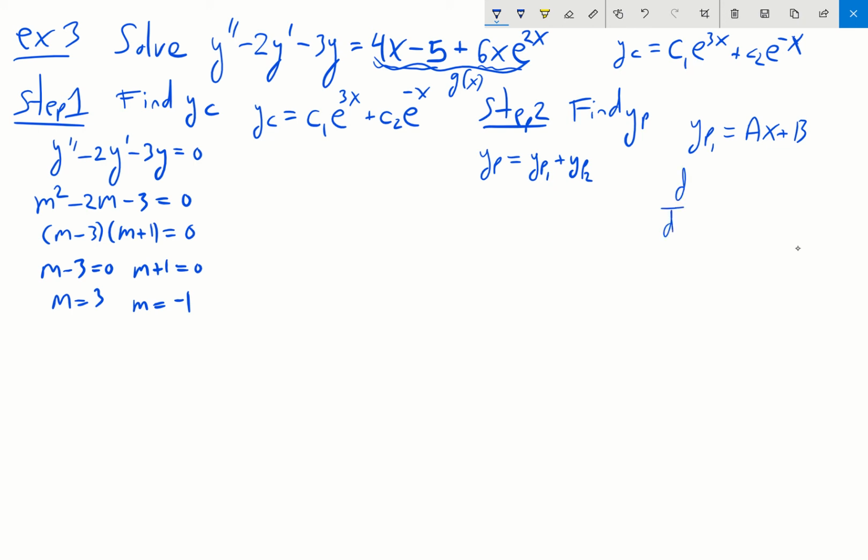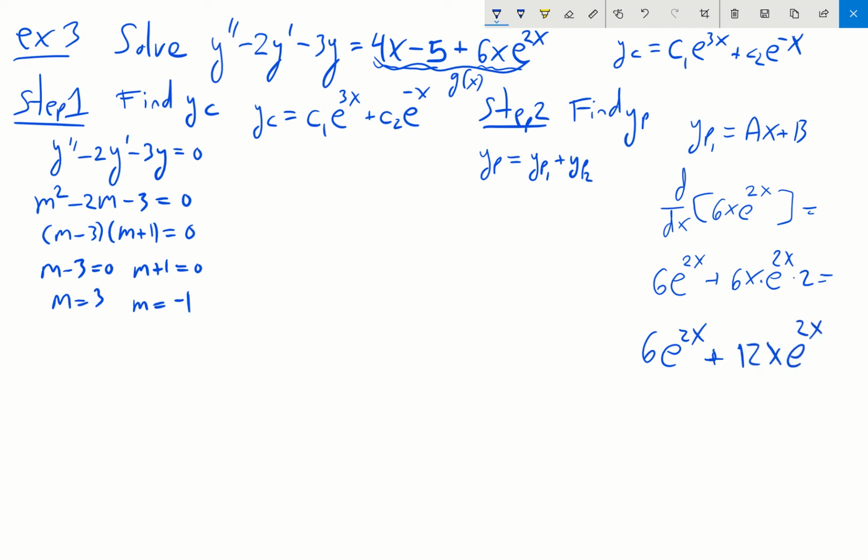If I take the derivative of 6x e to the 2x, this would involve the product rule. It's 6x times e to the 2x. Its derivative would be 6 e to the 2x plus 6x times e to the 2x times the chain rule times 2, which would give us 6 e to the 2x plus 12x e to the 2x.